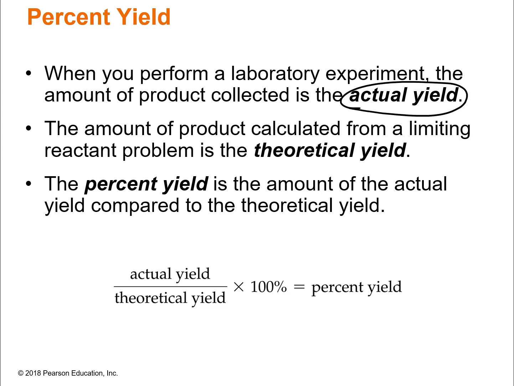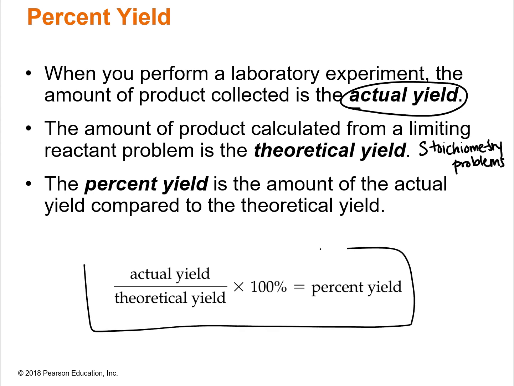The amount of product that you calculate from a limiting reactant problem is a theoretical yield. These are the stoichiometry problems we've been doing. The percent yield tells you the amount of actual yield compared to theoretical. And this is the equation.